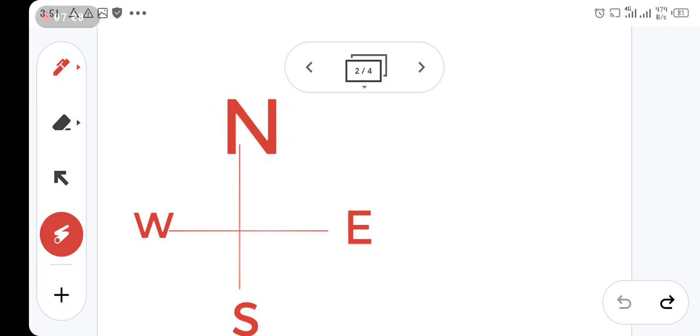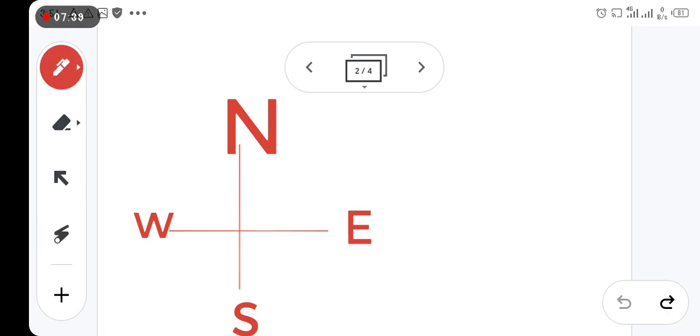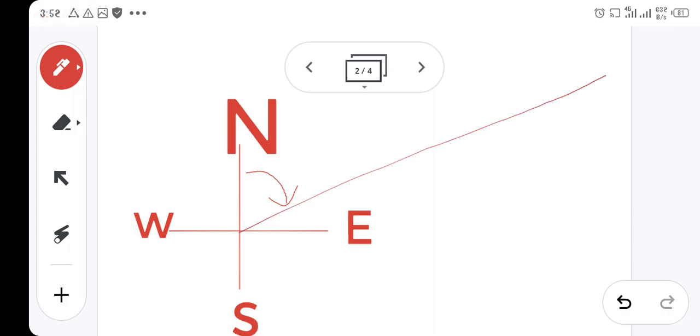Now for instance, if I want to say a bearing of 70 degree, we'll start from the north, then we'll sketch 70 degree. This is the north, this is our 70 degree. So this is a bearing of 070 degree. Now let's say we have another bearing of 315 degree.